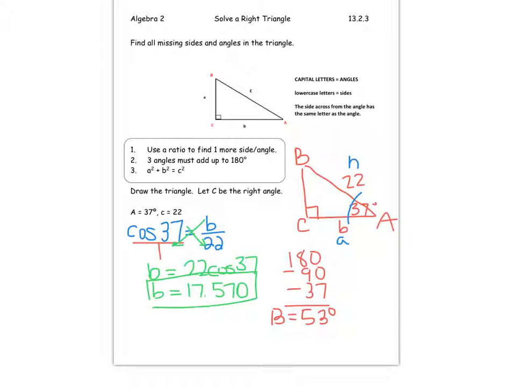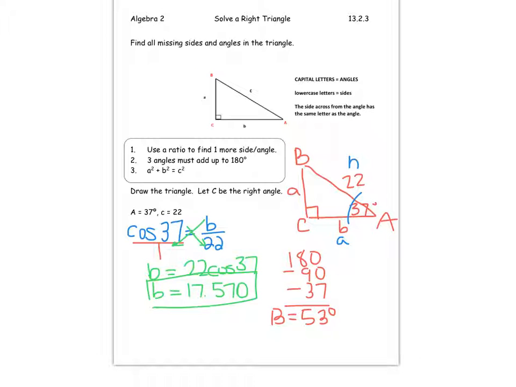And the 3 sides can be found with the Pythagorean theorem. So now that I know that B is 17.570 and c, the hypotenuse, was 22, then I can find the missing side, the missing side A from before.